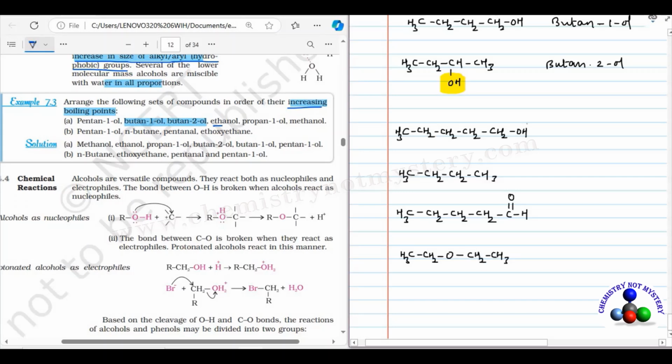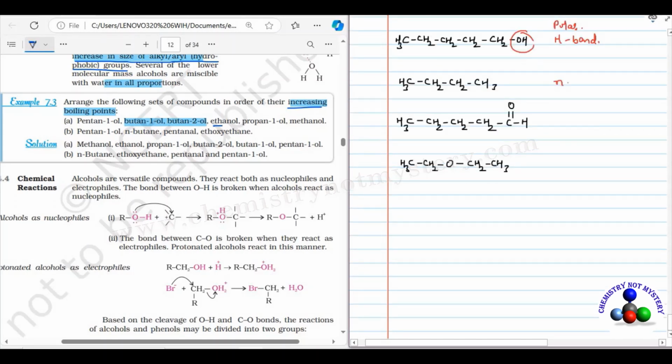So due to the presence of the OH functional group, this molecule is polar and it has hydrogen bonding as well. And butanes are non-polar molecules, so there will be only van der Waals force of attraction working between two molecules of butane. Now come to pentanal. In pentanal there is a carbonyl functional group.